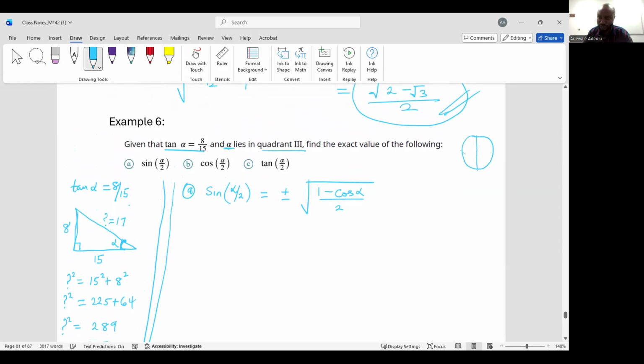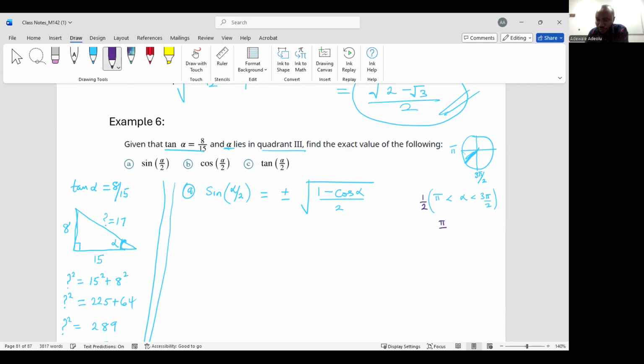Q3, that is here, right? That is between pi and 3 pi over 2. So I can say pi less than our angle alpha less than 3 pi over 2. However, the angle I'm looking for is alpha over 2, so I need to multiply through by one half.